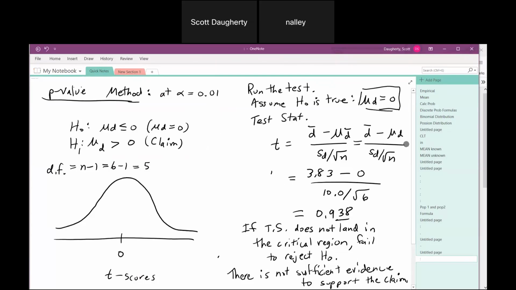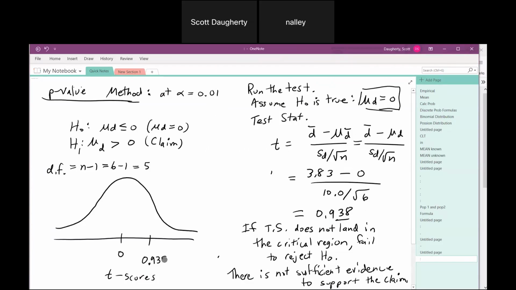All you do is run the test, assume the null hypothesis is true again, that mu sub d is 0, and find the test statistic based on that assumption. You're determining how far away d bar is from this assumption, and it turns out to be the same thing, 0.938 standard deviations away, which puts you right here.